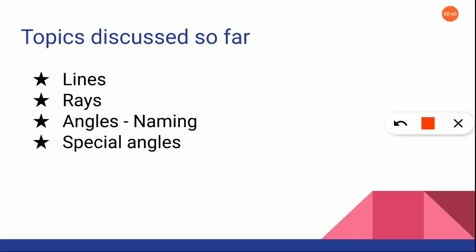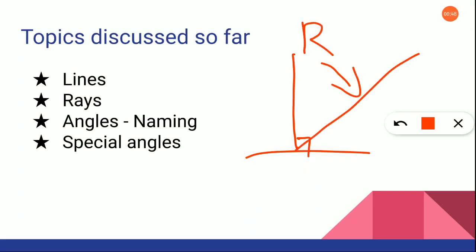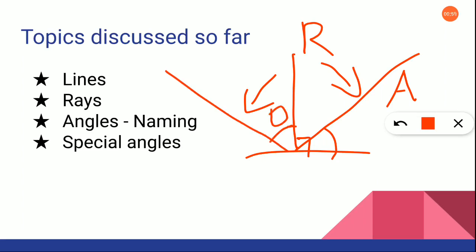Okay, and next we learnt about special angles. I told you if it is 90-degree, then it is called a right angle. If it is lesser than 90-degree, then it is called an acute angle. If it is greater than 90-degree, we call it an obtuse angle. And one more angle we learned, that is the reflex angle.